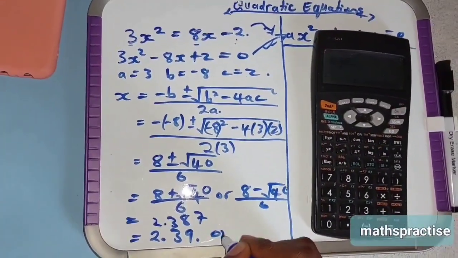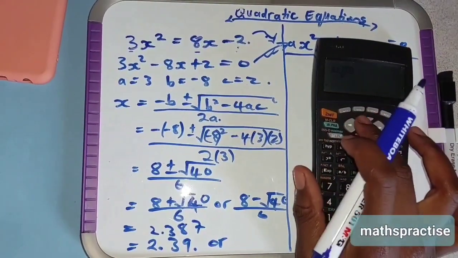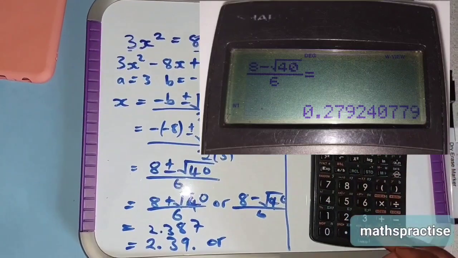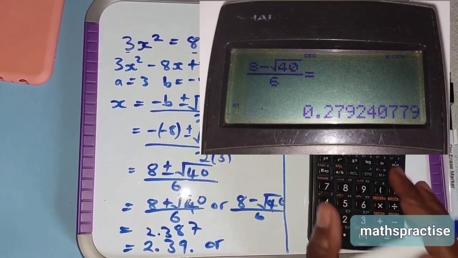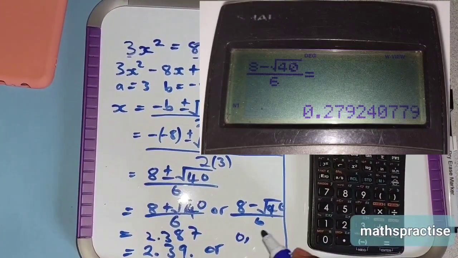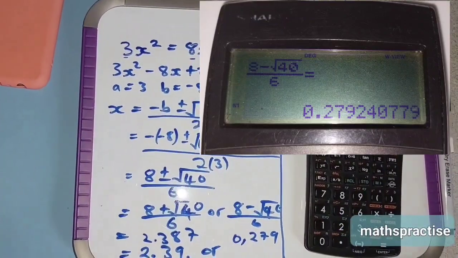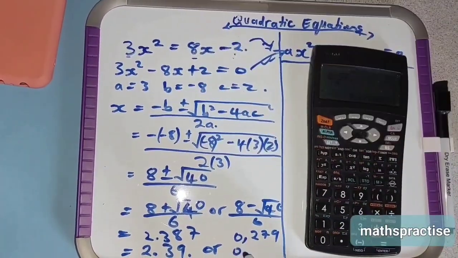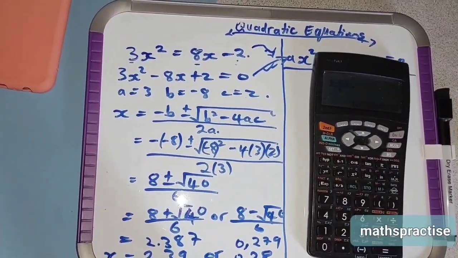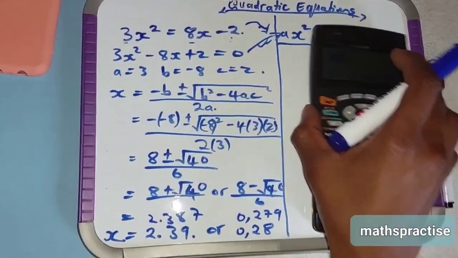Or, if we change the sign, 8 minus the square root of 40 divided by 6, it will be 0.279, which will become 0.28. Okay, so x is either 2.39 or 0.28.